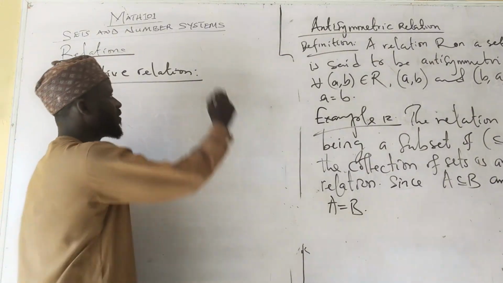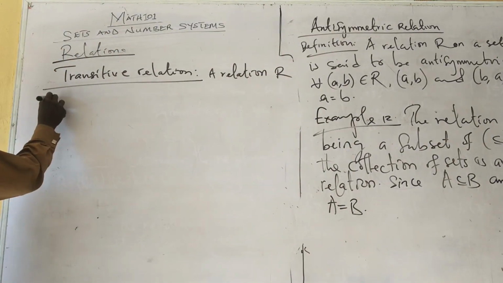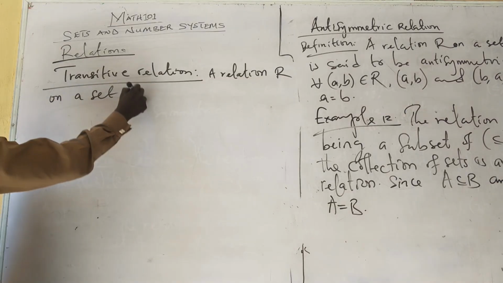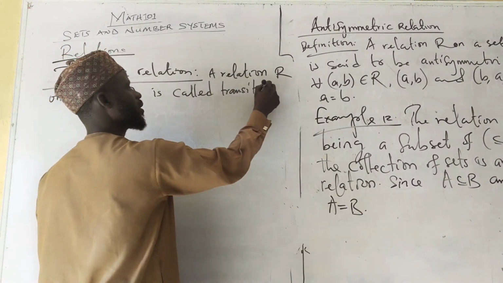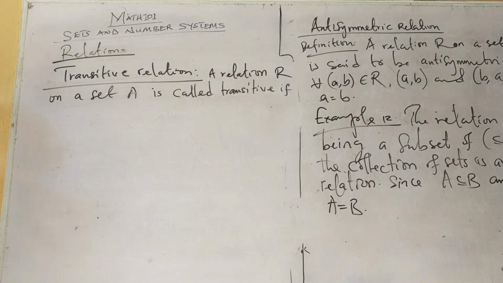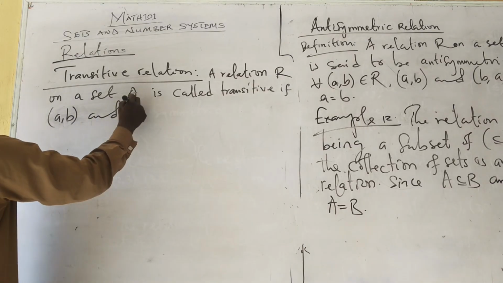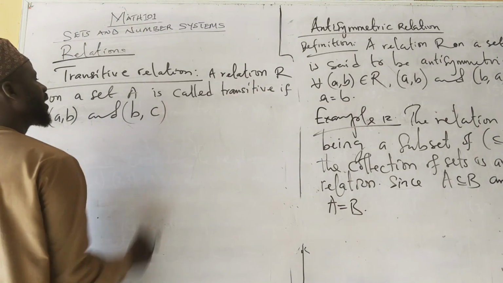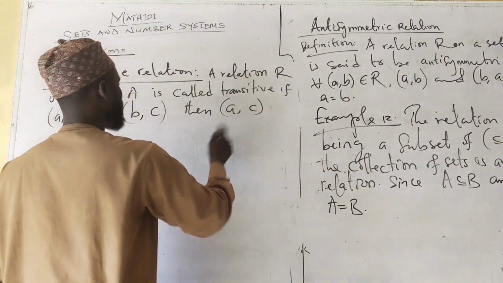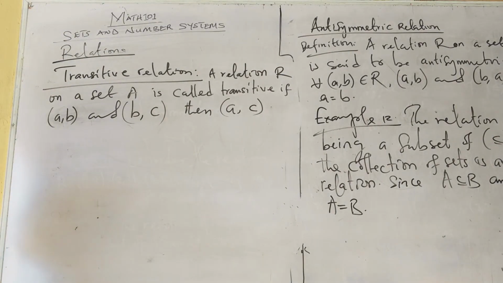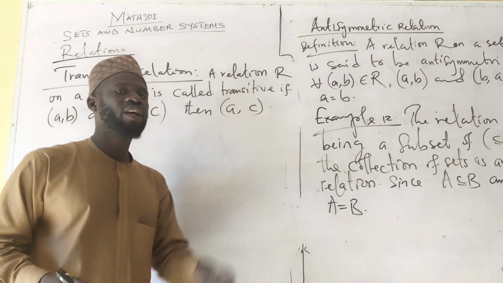A definition: a relation R on a set, say A, is called transitive if you have A is related to B and B is related to C, then A is related to C is also in R. If you have A is related to B and B is related to C, then A is related to C under the same relation.